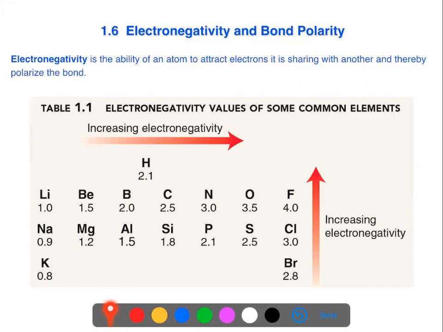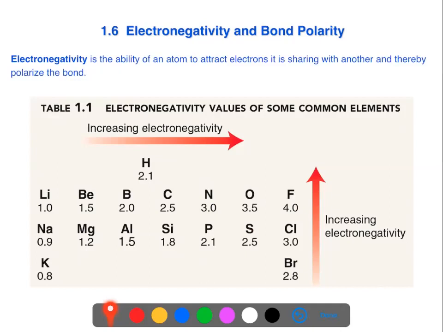So we generate some polarity. There's going to be one atom which will attract the electron density more often than the other. And so we will think of this unequal sharing of electron density between two atoms as a polarization of the bond between those two atoms.